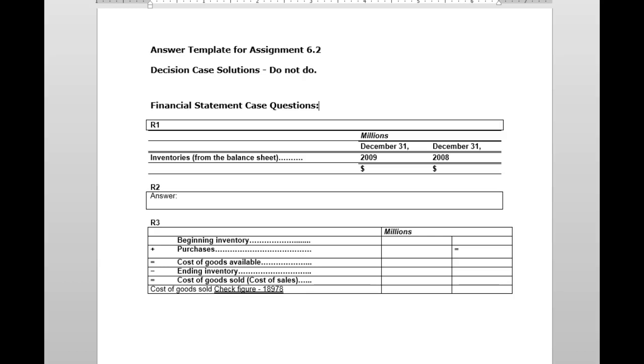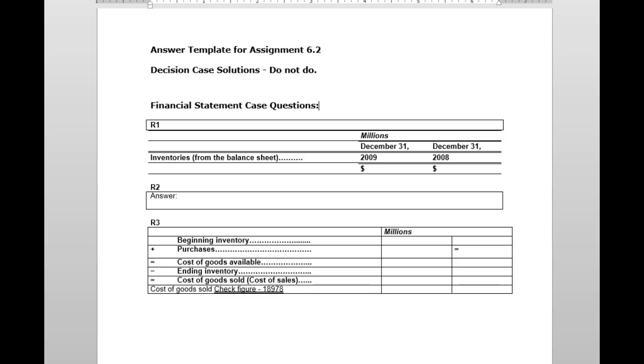And then what cost method they used, and they ask you to rearrange the cost of goods sold formula so you can compute purchases which aren't reported on the Amazon statements. So we're kind of going to look at how it's used, and then we're going to apply inventory concepts.